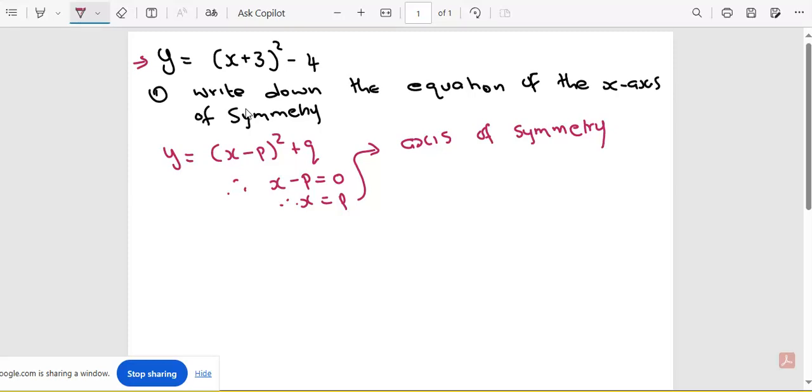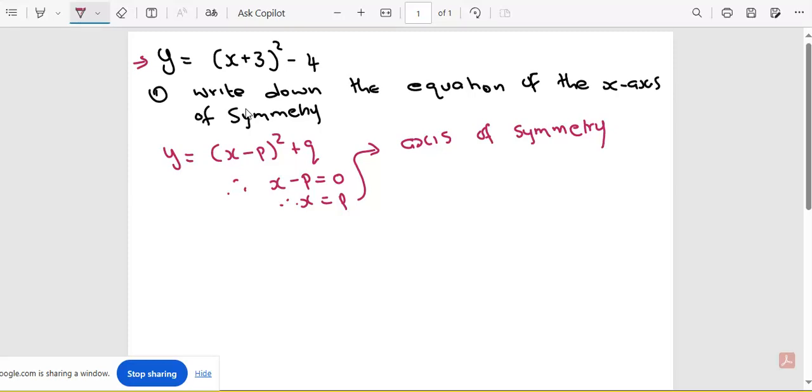Let me try, sir. Okay. It's easy, just take whatever is inside the bracket, equate it to 0 and solve for p.